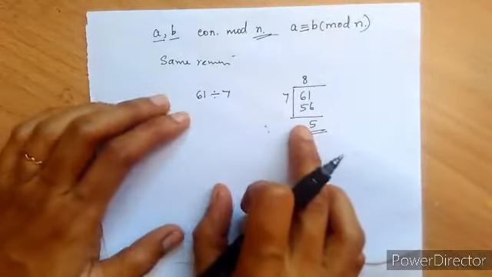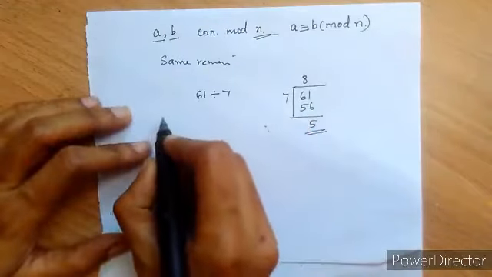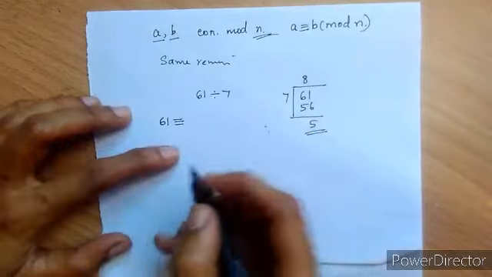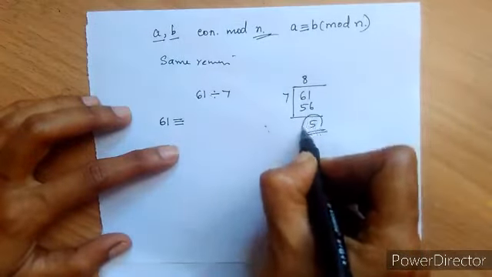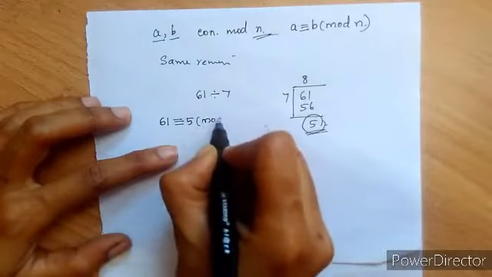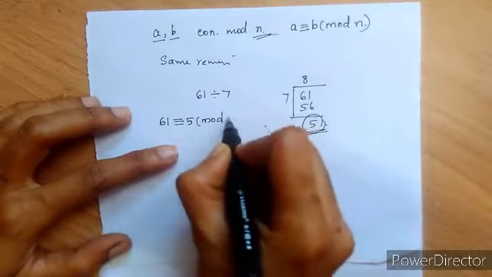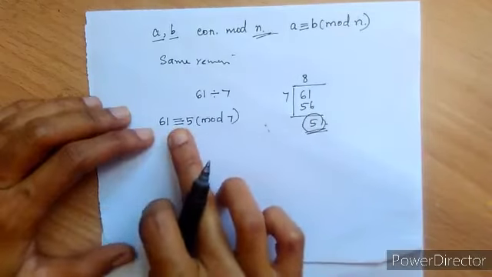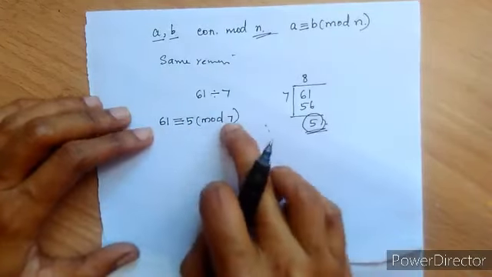So this can be written as 61 congruent to, what is the remainder here? 5, isn't it? 5 mod, what is the divisor? 7. So we can write 61 congruent to 5 mod 7.